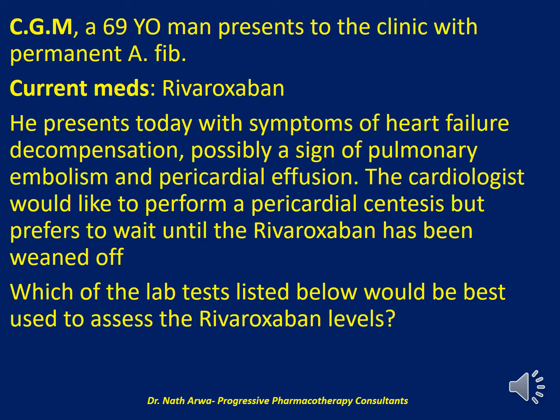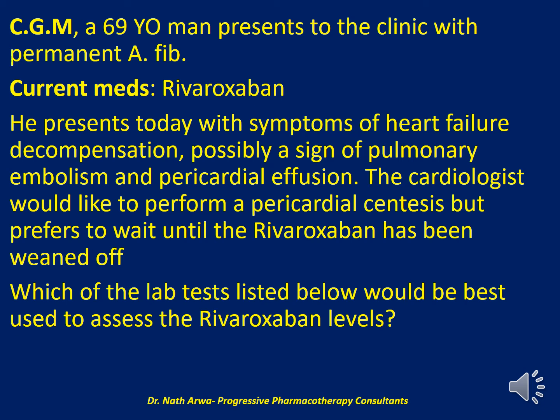Mr. CGM, a 69-year-old male patient, presents to the clinic with permanent atrial fibrillation. He is currently on rivaroxaban. He presents today with symptoms of heart failure decompensation, possibly a sign of pulmonary embolism and pericardial effusion.